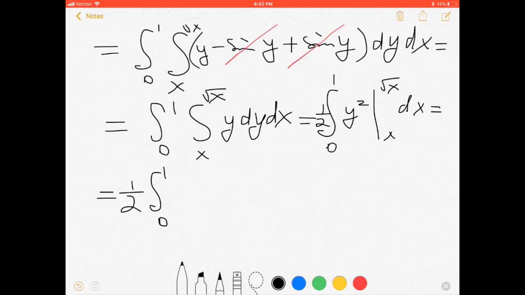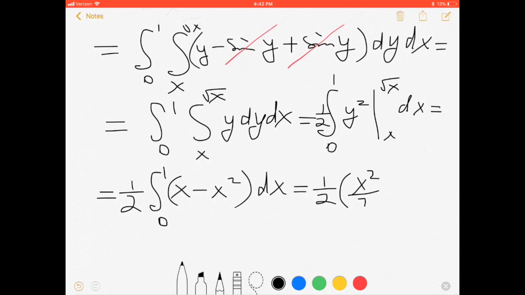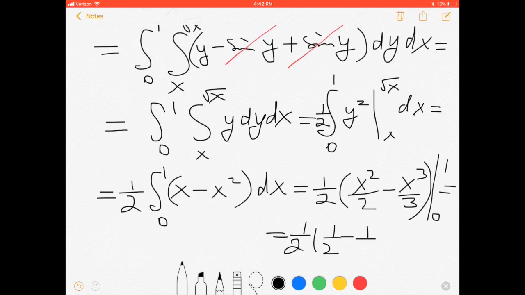From 0 to 1, here we have x minus x squared dx. Give me x squared over 2 minus x cubed over 3, from 0 to 1. It will be 1/2 minus 1/3, which is 1/6. Okay, 1/12.